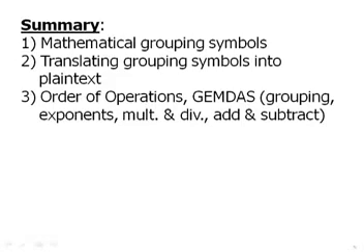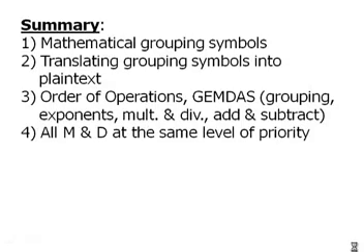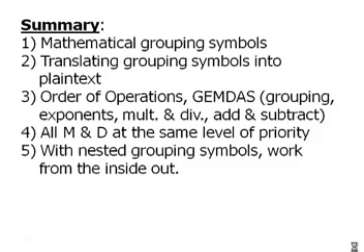Then we talked about order of operations, which I call PEMDAS: grouping symbols, exponents, multiplication, division, addition, and subtraction. We emphasized that multiplying and dividing are at the same level of priority. That gives us considerable choice about what order we'll do the products and the quotients. And finally, with nested grouping symbols, we have to work from the inside out.